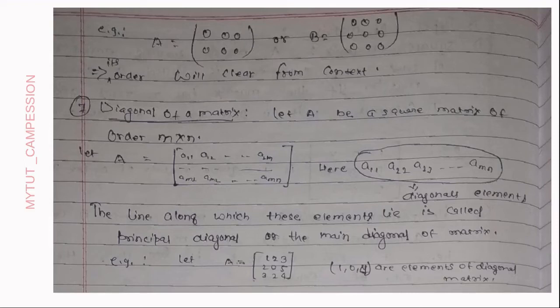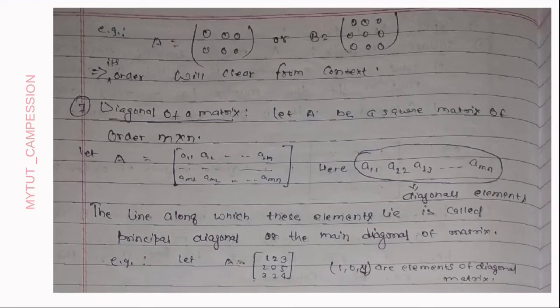Now the diagonal elements of this m cross n matrix are a11, a22, a33 and so on up to amn. These are the diagonal elements of matrix A. The line along which these elements lie is called the principal diagonal or main diagonal of the matrix.